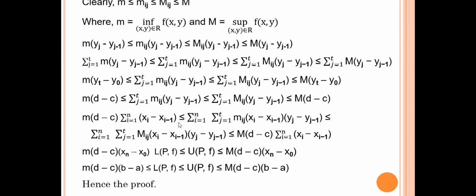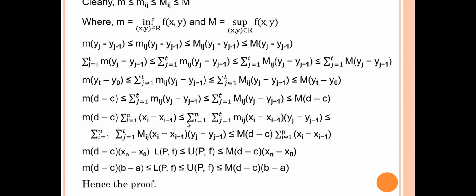Now we can see that summation i from 1 to n x_i minus 1, अभी जस्ट हमने सॉल्व किया था remark में कि उसका आंसर आता है x_n minus x_0, तो x_n minus x_0 का मतलब क्या है, तो b minus a होता है। But ये जो अभी हमें मिला है ये दोनों के बीच में, it is nothing but double summation M_ij x_i minus 1 into y_j minus 1.